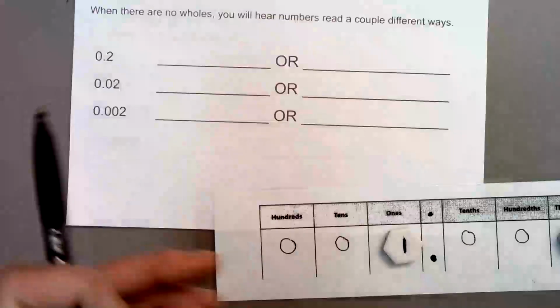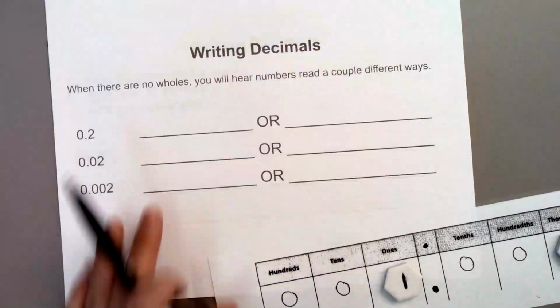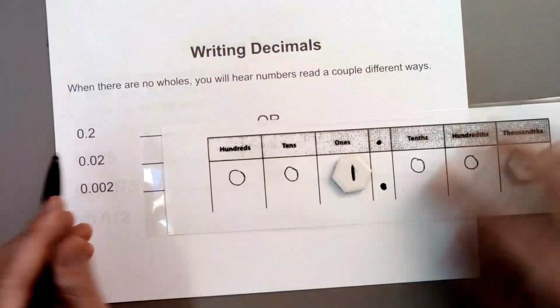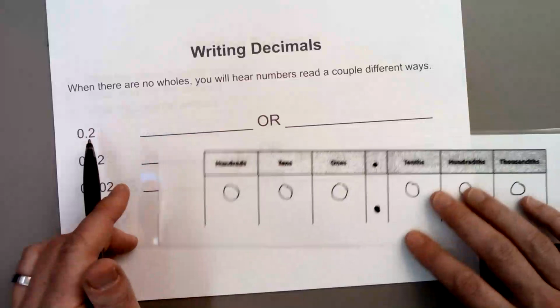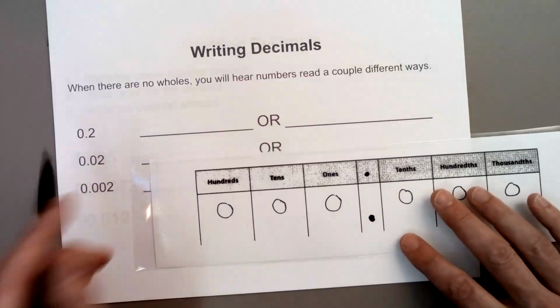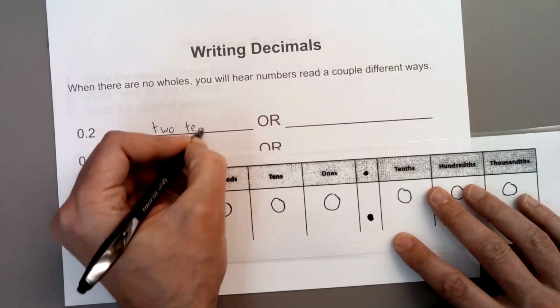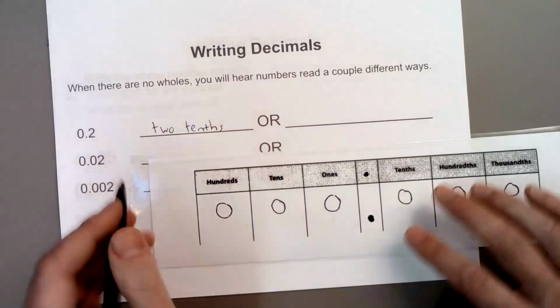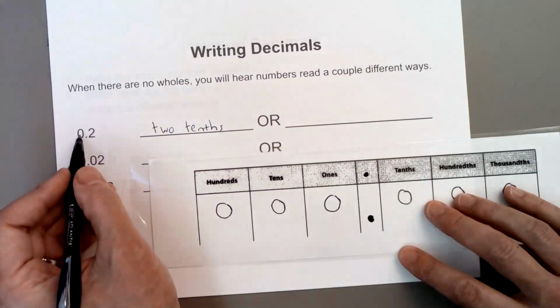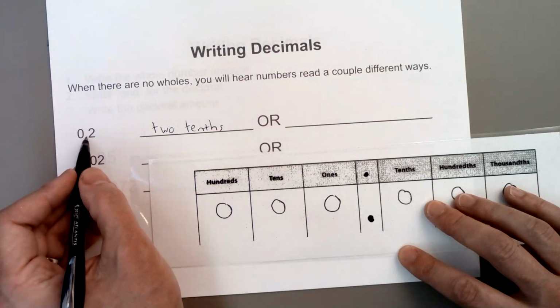So in the reading decimals video, we looked at these examples as well. Sometimes you don't have a whole number at all. So you can just write this as 2 tenths. Or some people like to pronounce the 0 so that they can pronounce the decimal as "and."